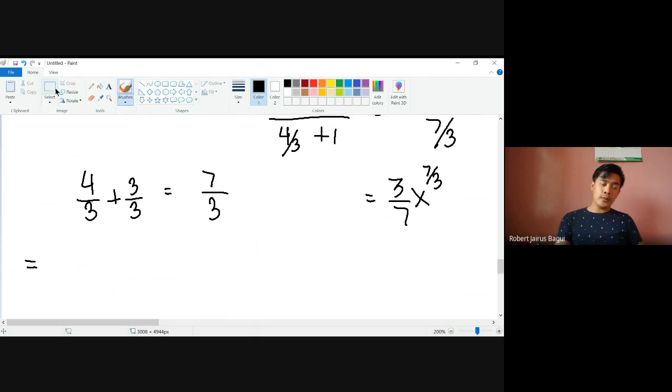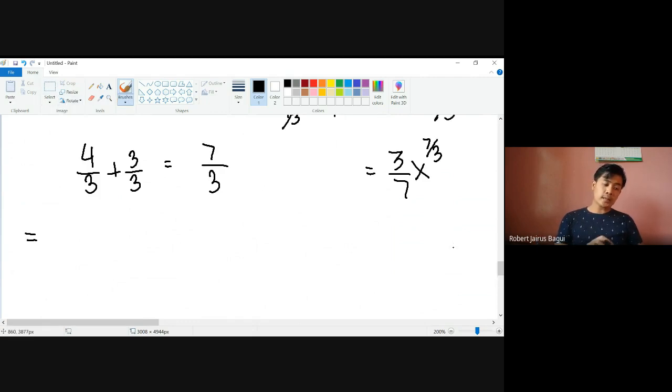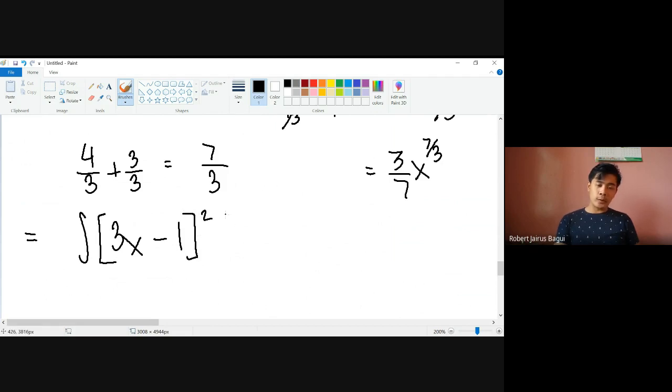So ito, different variations pa lang nung sa first two formulas. Kung parami na kasi siyang pwede agad maging application. So now, let's say, integral naman ni 3x minus 1 raised to 2. So hindi na 'to katulad ng pagdederivative natin.